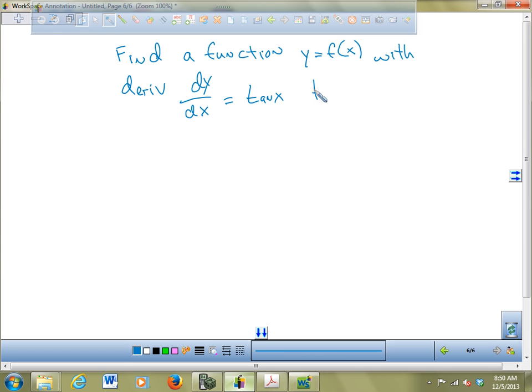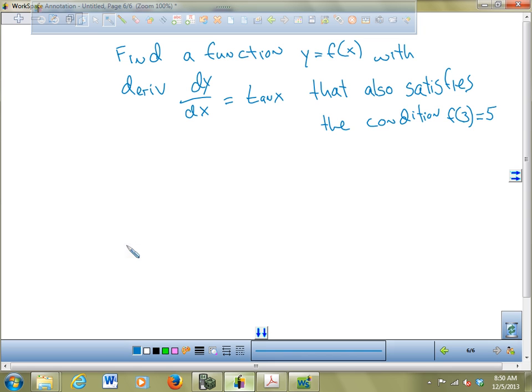That also satisfies... no, it doesn't end there, okay? That also satisfies the condition f of 3 equals 5.